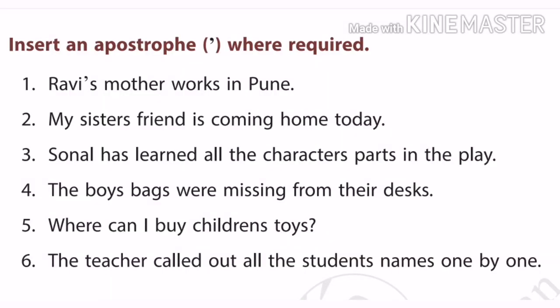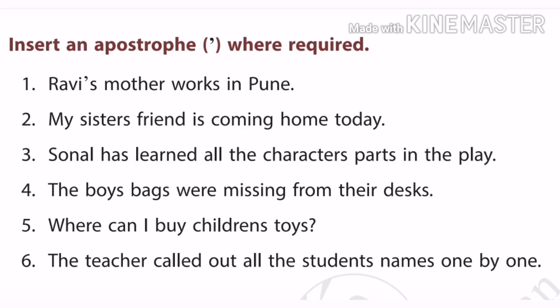In your textbook, page number 20, there's an activity: insert an apostrophe where required. First, you read all these sentences and find out the noun. And check whether the noun is singular or plural. If it is singular, add an apostrophe and s.